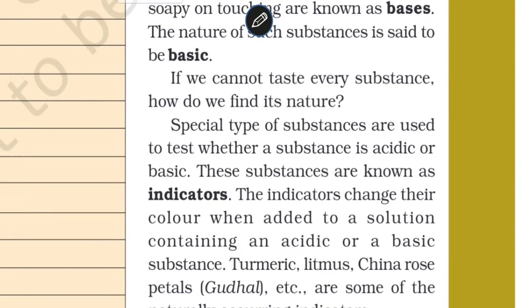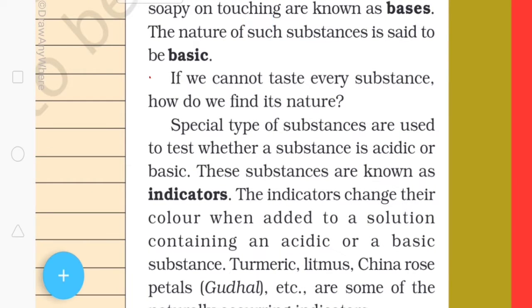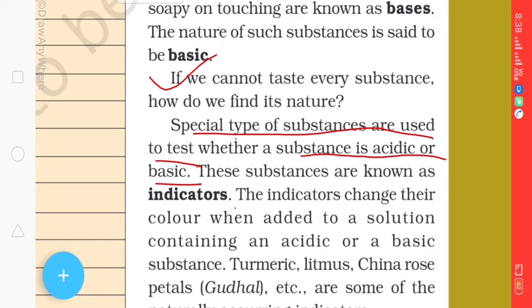But generally we cannot taste every substance. So what is the alternative to identify whether a substance is an acid or a base? Special types of substances are used to test whether a substance is acidic or basic.